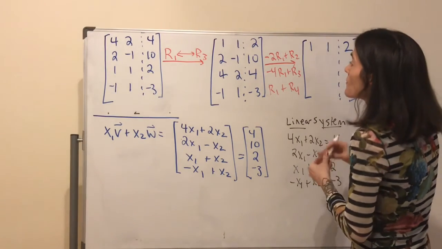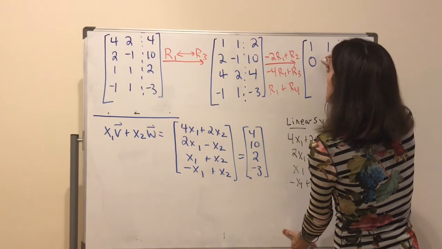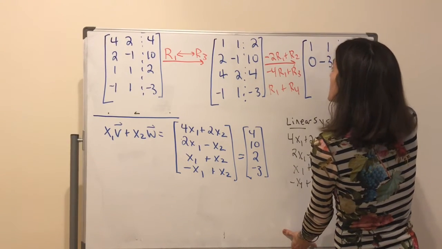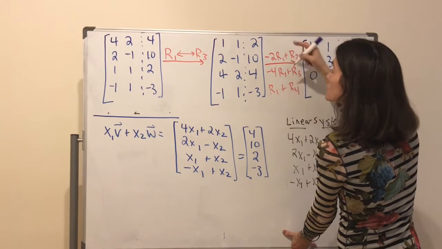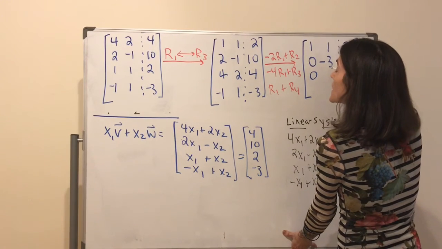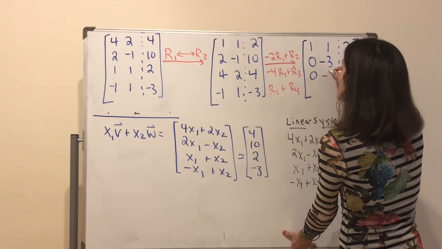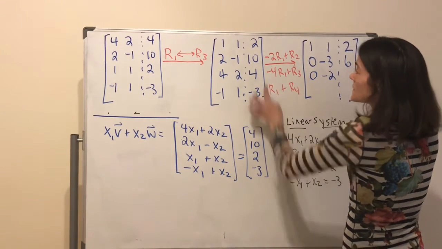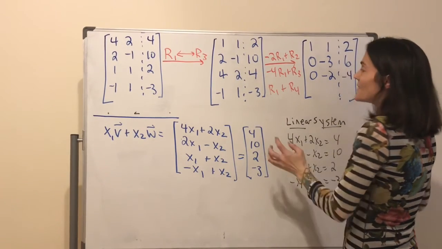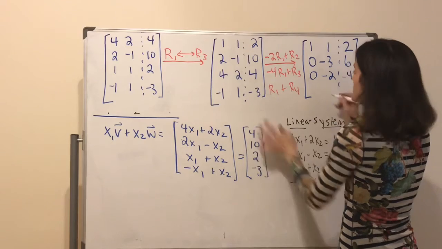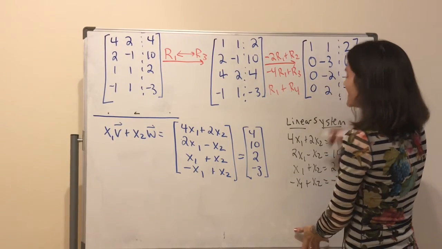Minus 2 row 1 added to row 2 gives 0, minus 3, and 6. Then I have 0, minus 4, minus 2, and minus 8 plus 4, minus 4. Finally, I just add row 1 to this one. I get 0, 2, negative 1.